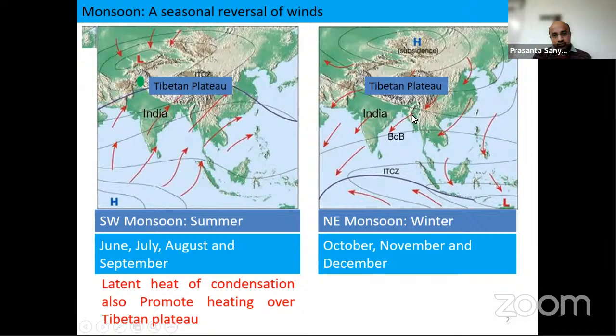But if you follow the wind trajectory for this part, you can see they are coming over the Bay of Bengal here. As it comes over the Bay of Bengal, it picks up moisture. Then while traveling through the southern part of India, it makes rainfall here, which is known as winter monsoon precipitation.